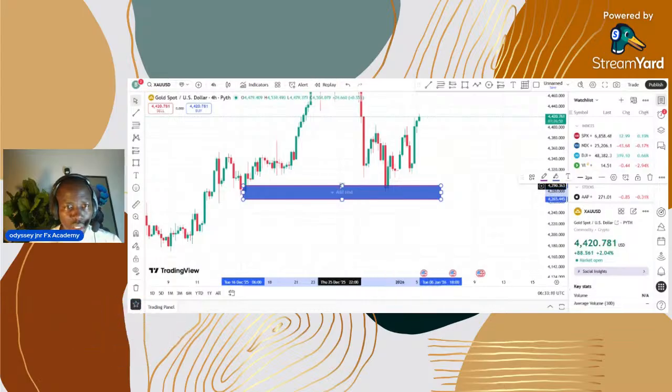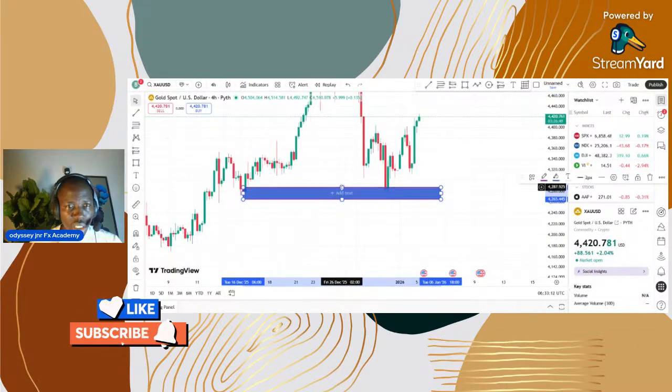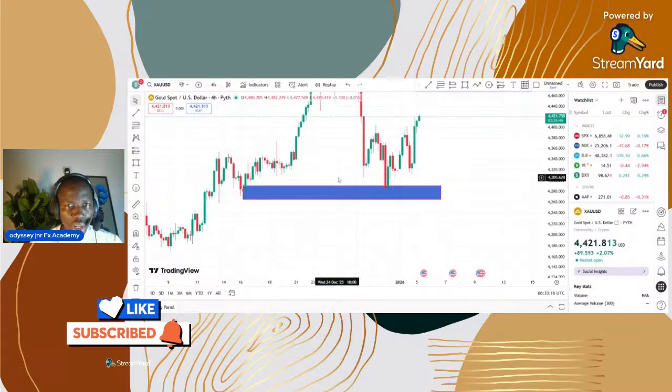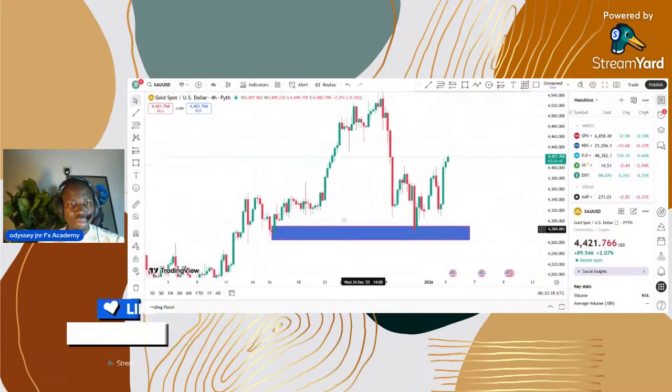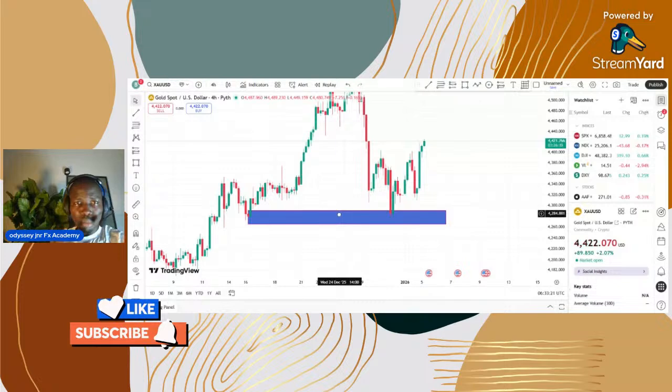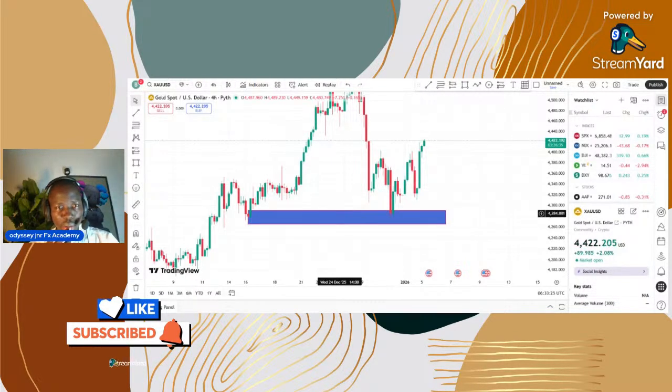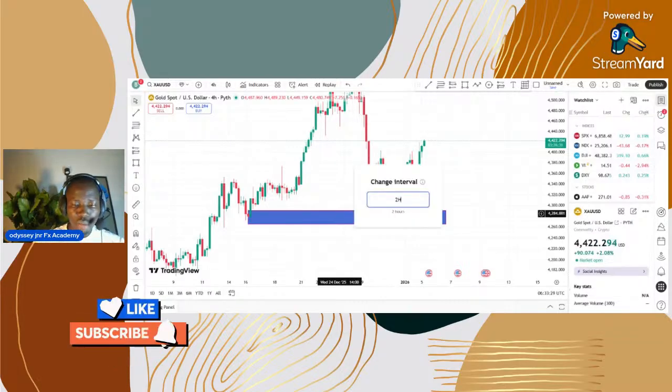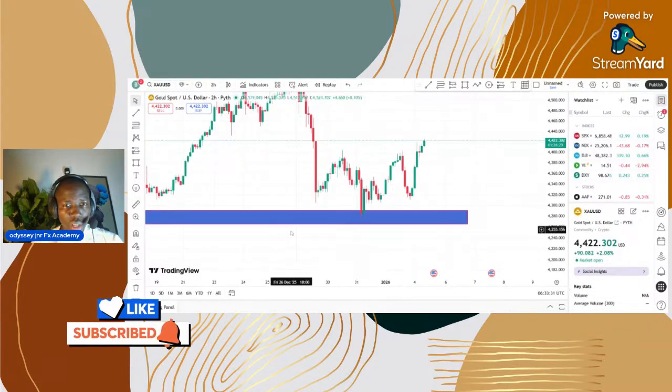This order block seems to have been mitigated. Price is reacting on this order block now on the 4 hours time frame. So what are we going to do? We go to the 2 hours time frame and see what the market has for us here.